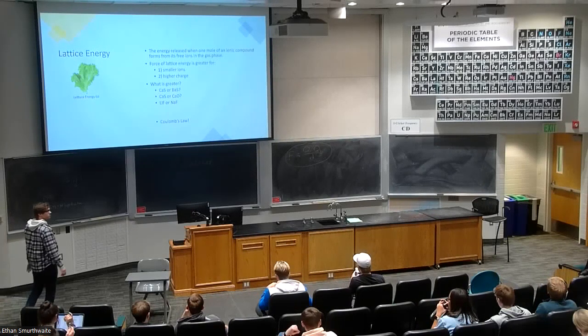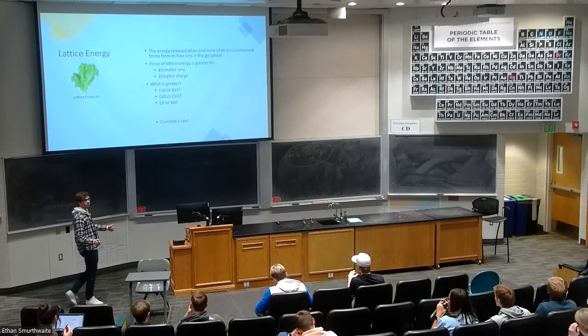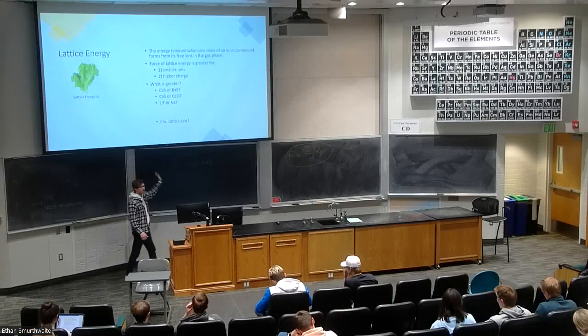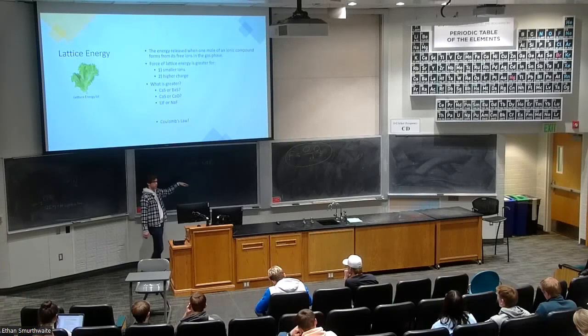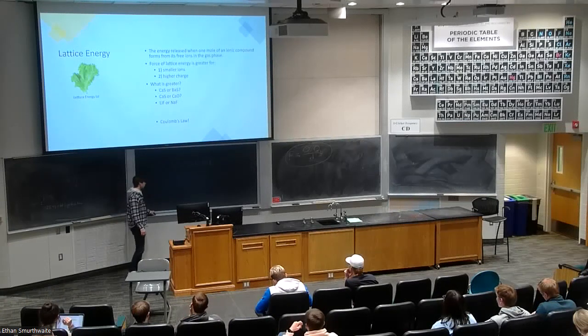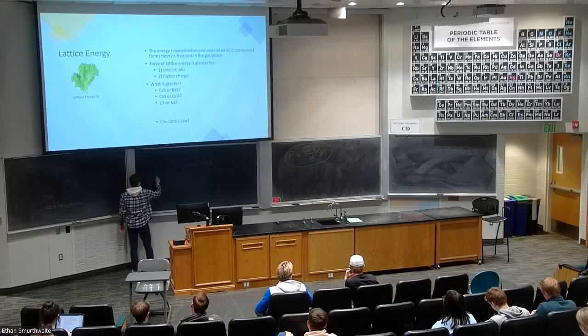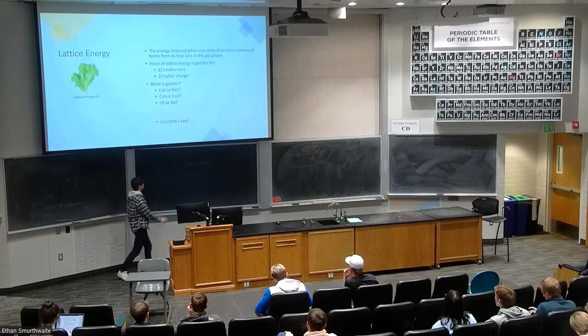Okay, who needs more time? Are we feeling pretty good about it? Okay, what do you guys think is lowest to highest lattice energy on this ranking? What's the lowest? Okay, we'll do KF. That's the lowest. What's the next lowest? NaF.